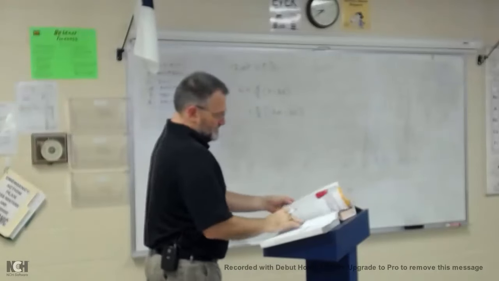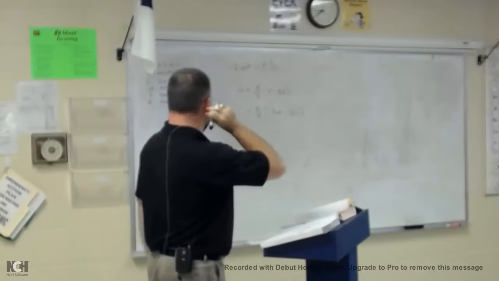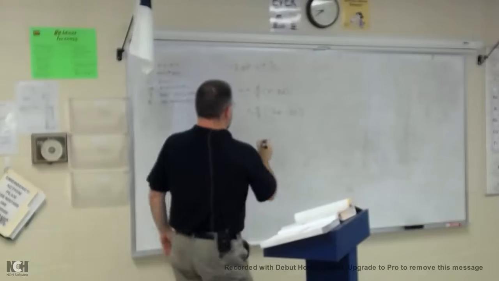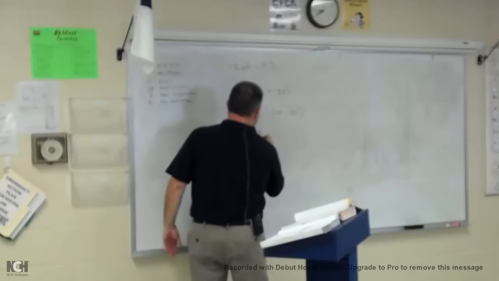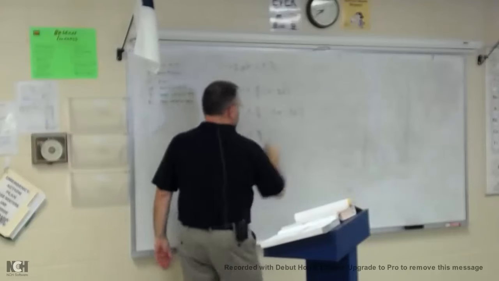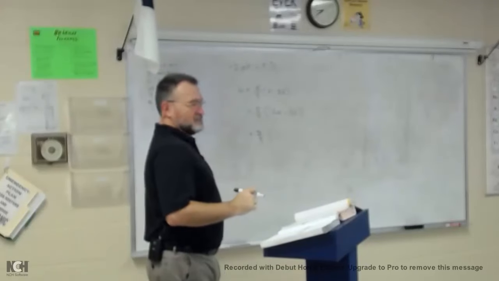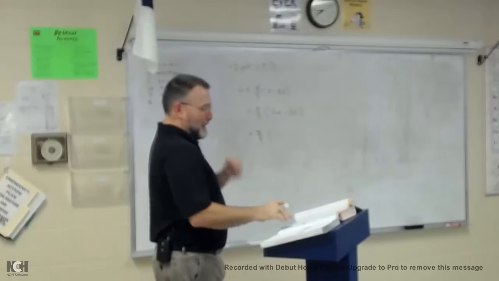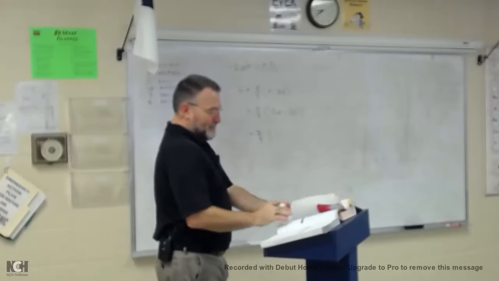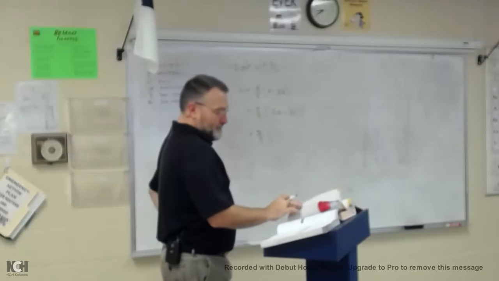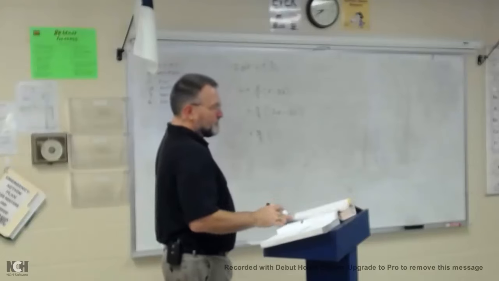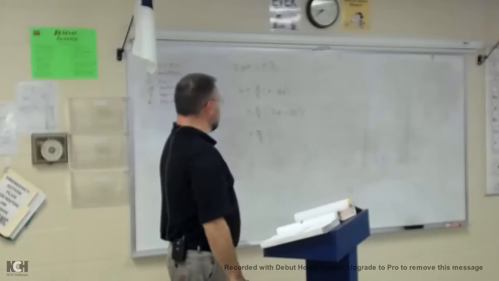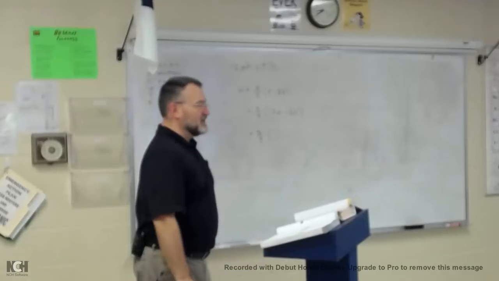Okay? So, is 5/9, what's my value going to be here? What's negative 7 minus 32? Negative 39.